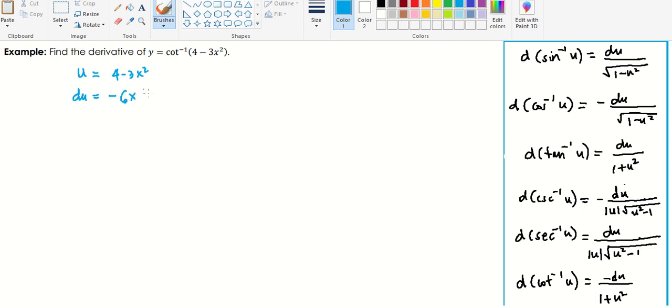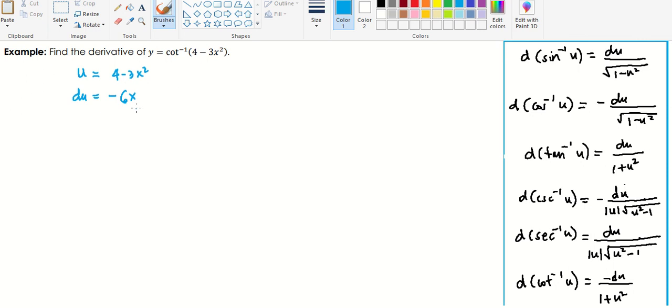So you have negative 6x. Okay, kung hindi pa kayo ganun ka-familiar dito sa ating basic differentiation rules, kailangan nyo po talaga itong i-master. So balik po muna kayo sa ating mga previous video which talked about basic differentiation rules.